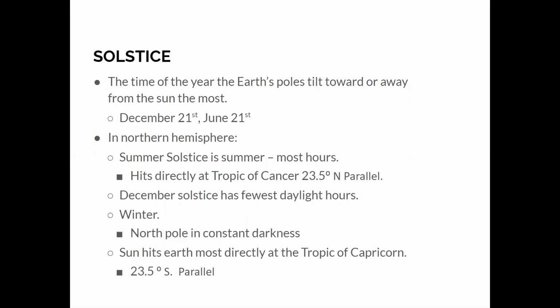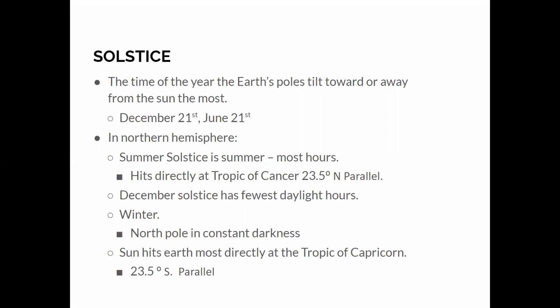Okay, and we have our two times, right? December 21st and June 21st. So what does this mean? Okay, in the northern hemisphere, summer solstice is summer, right? And that has the most daylight hours.